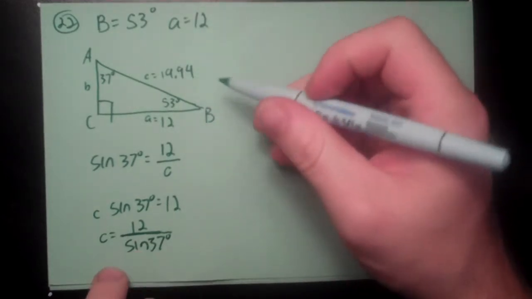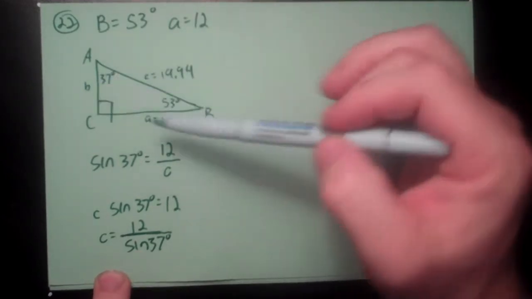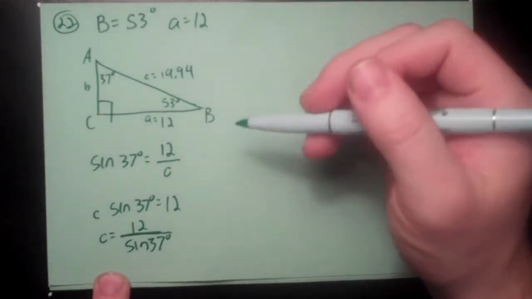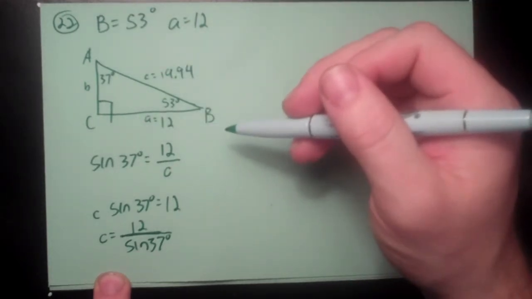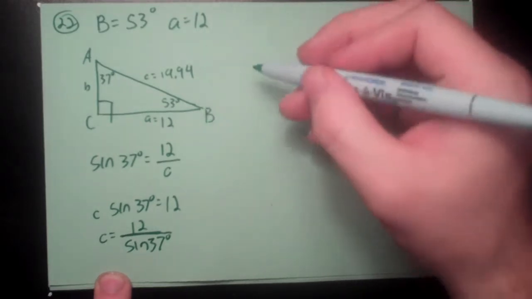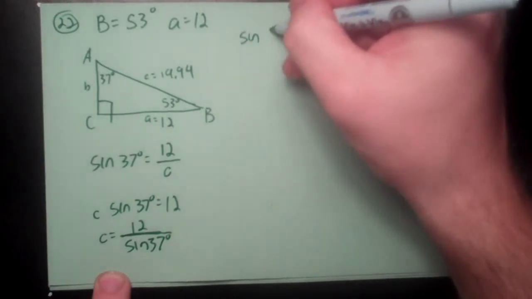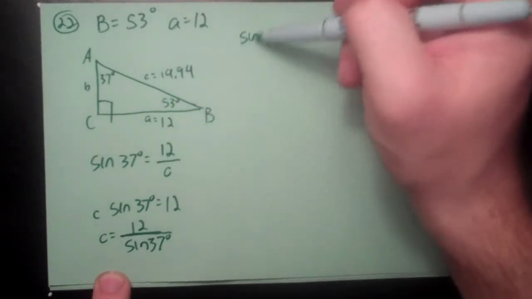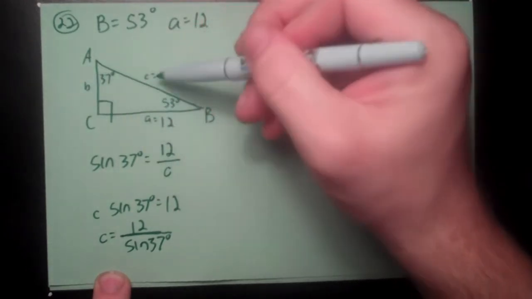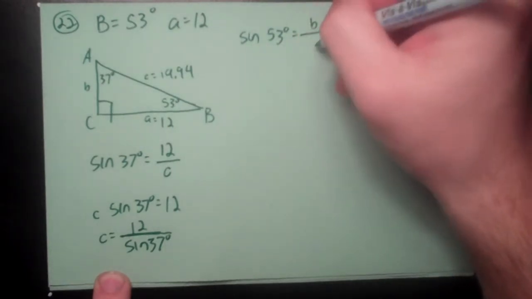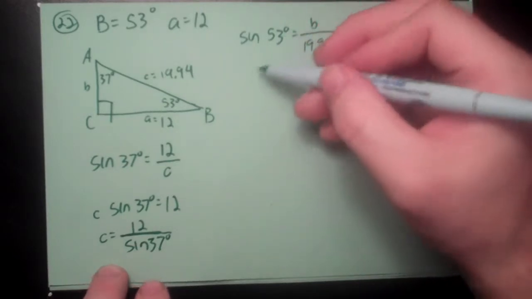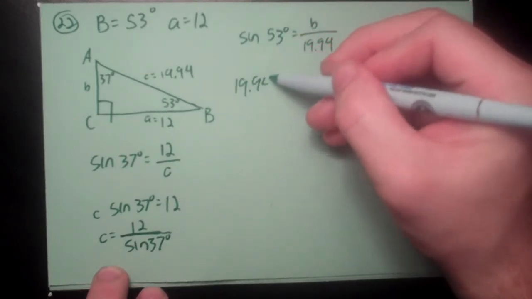For this, we could do the Pythagorean theorem: b squared plus 12 squared equals 19.94 squared. I'm going to just go ahead and use the sine of 53. The sine of 53 degrees is the ratio, the sine is the name of the ratio. That's the opposite over the hypotenuse. That's b over 19.94. Multiply by 19.94 on both sides.